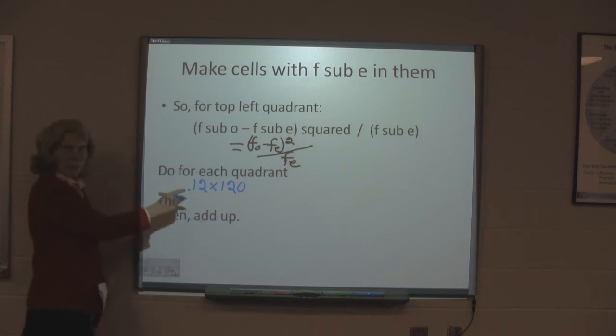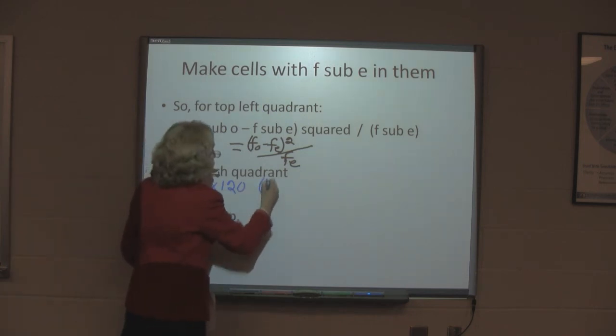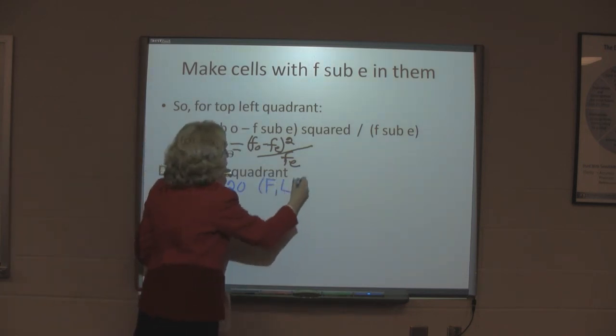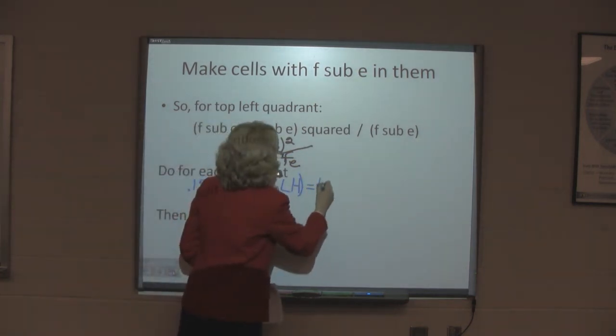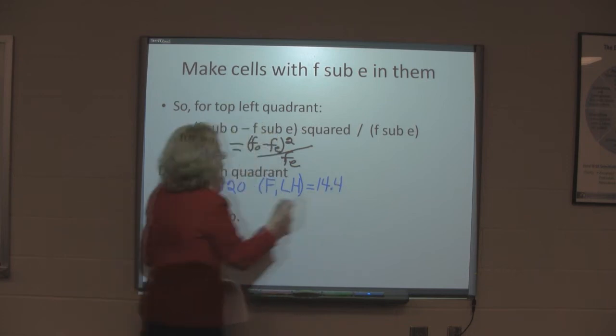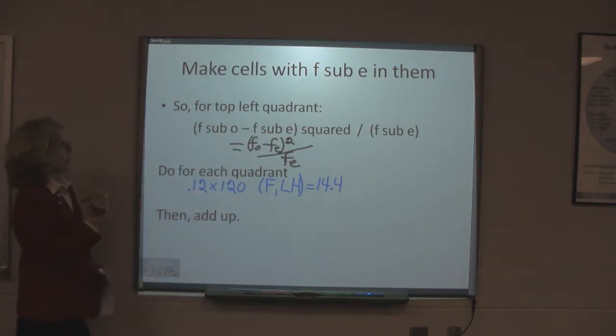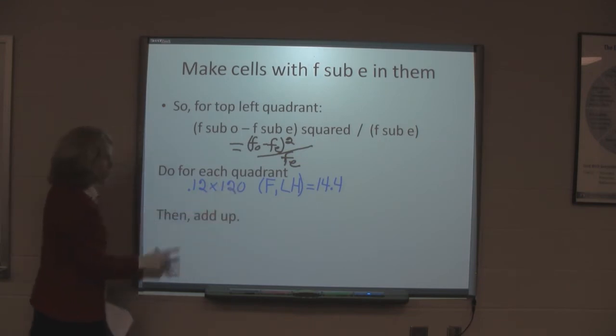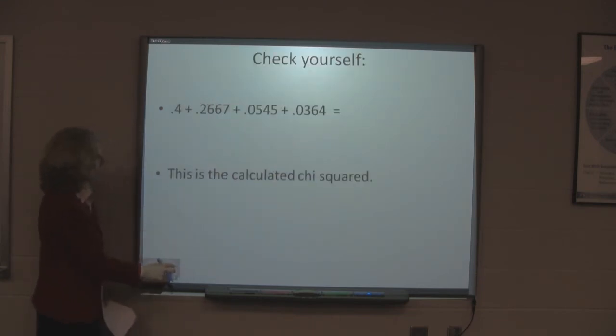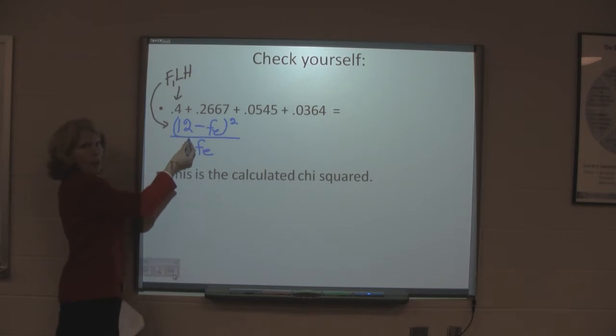That's the top left-hand quadrant, which is females who are left-handed. And that equals 14.4. So what we're saying is the expected number of females who are left-handed out of 120 in a sample would be 14.4. We observed 12 in the sample.